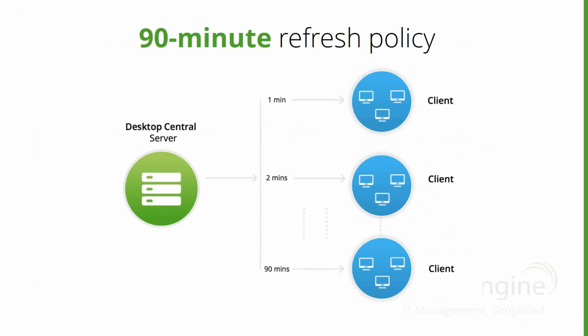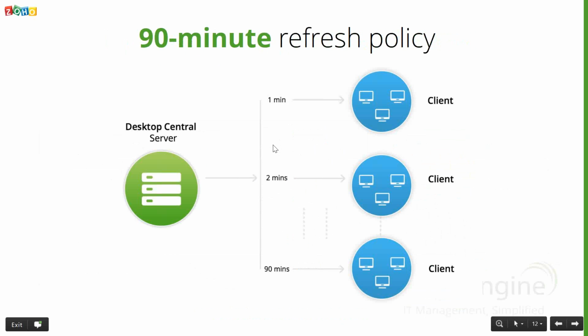Number 1, the network is not choked by agent communication, meaning bandwidth is not disturbed due to agent-server communication. Number 2, the performance of the server is not affected at any time, since the server has the intelligence to ensure systematic, streamlined communication from all agents at regular intervals.